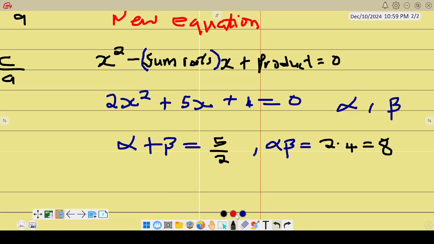So the new equation, we write, is x squared minus the sum of the roots, which is 5 over 2, x, plus the product, 8.